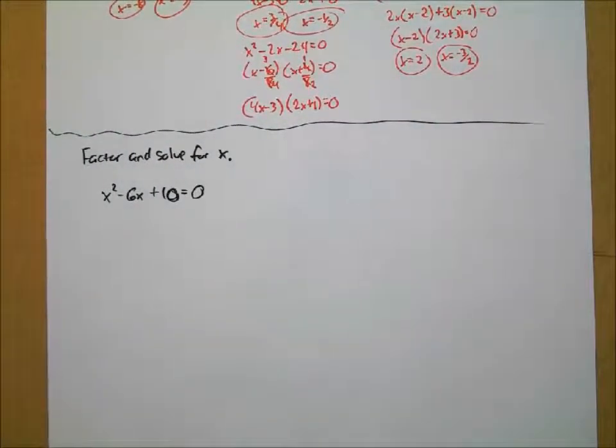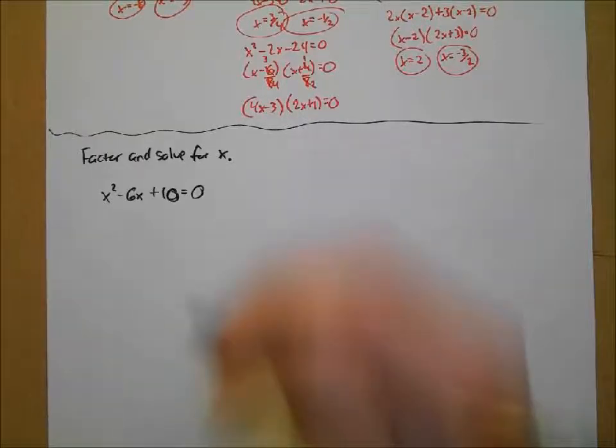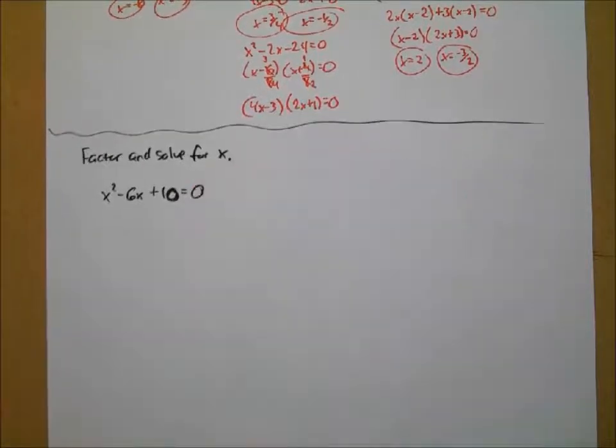I was very nice too. I gave you a equals 1. So in this case, we're looking for two numbers that multiply to 10 and add to make negative 6. So what two numbers multiply to 10 but add to make negative 6?